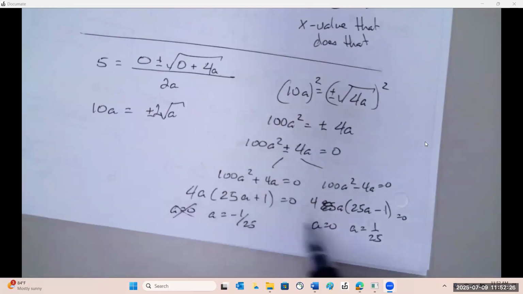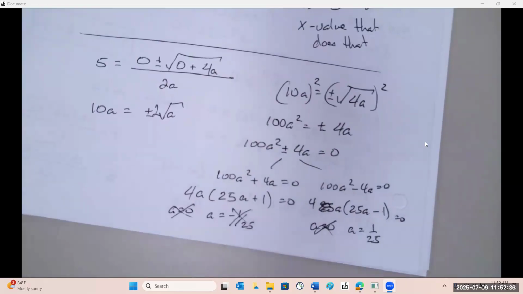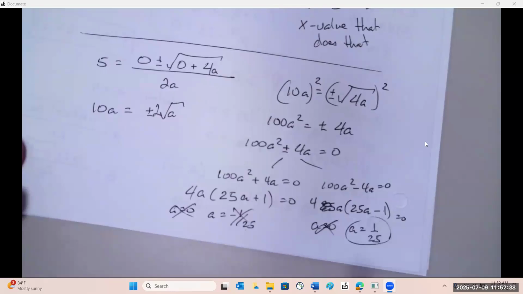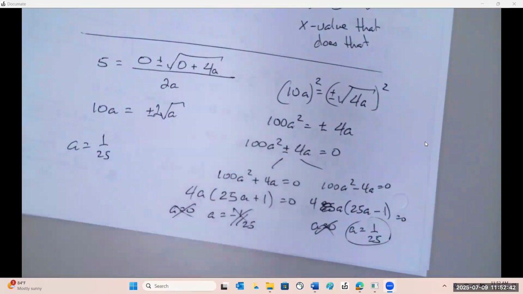So 0 can't work. Why? It wouldn't be quadratic anymore. This one doesn't work. Why? It's negative. So our a value has to satisfy our conditions for having a wide opening parabola.